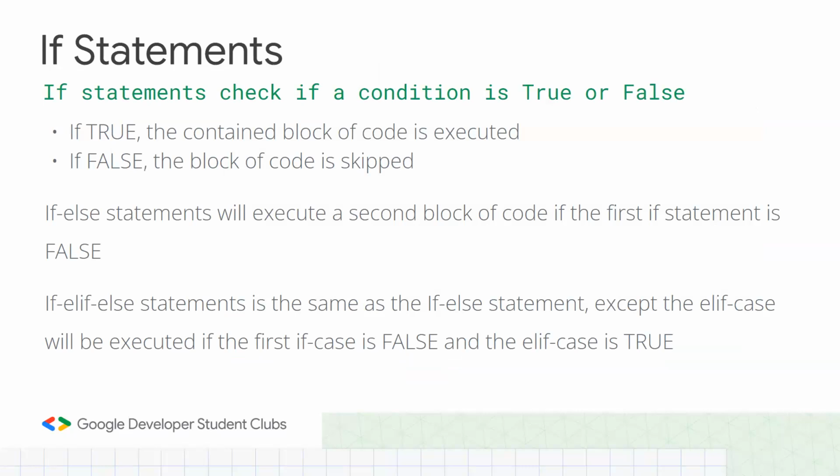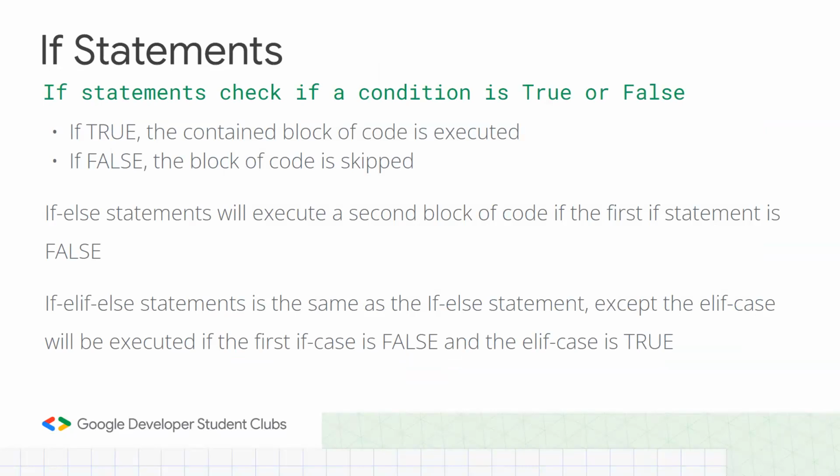Okay, so the next thing we'll be looking at is if statements in Python. I'm sure we've already looked at these in our labs, but the general idea of if statements is that they check if a condition is true or false. If the condition is true, then the contained block of code is executed. But if the condition is false, then the contained block of code is essentially skipped. This may not make sense when just reading it, but we'll look at examples to explain what they mean. There are different structures we can have for if statements.